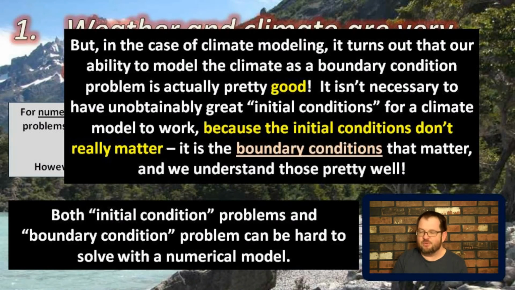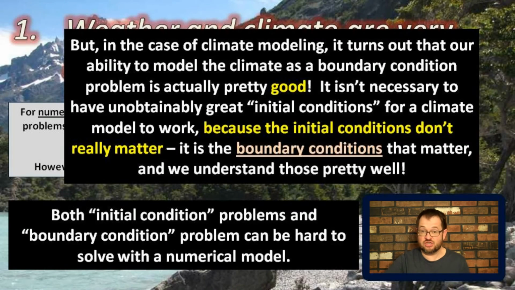It isn't like it takes unobtainably great initial conditions for a climate model to work, because in the end, the initial conditions don't matter one damn bit in the climate model. It is the boundary conditions that end up mattering, not the initial conditions. And we understand the boundary conditions really, really well. Because the model depends on things we know, we can actually make that model work way far into the future.